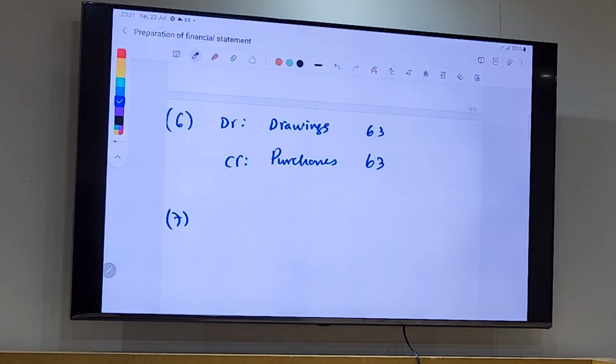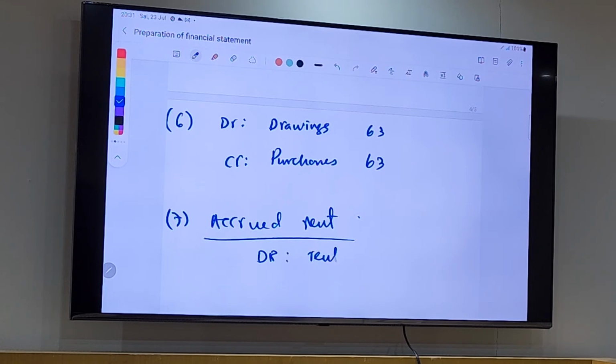I need to debit Rent account, rent 100, and credit accrued rent payable. It's nothing to do with the cash because no payment has gone.